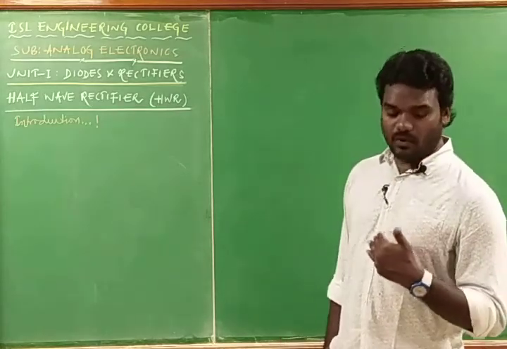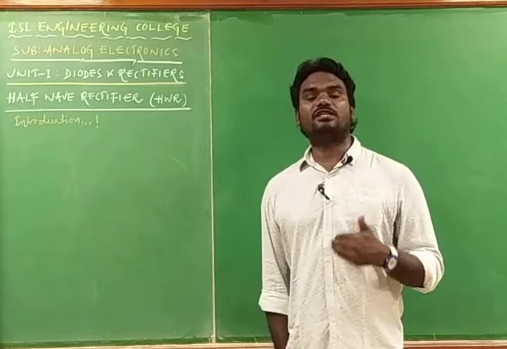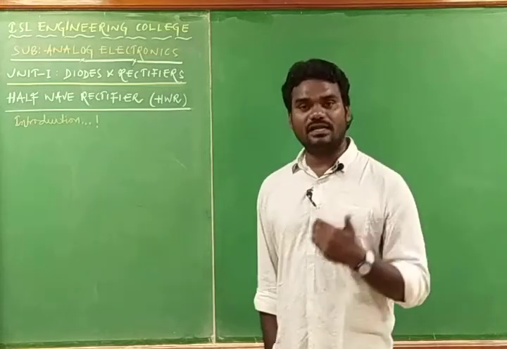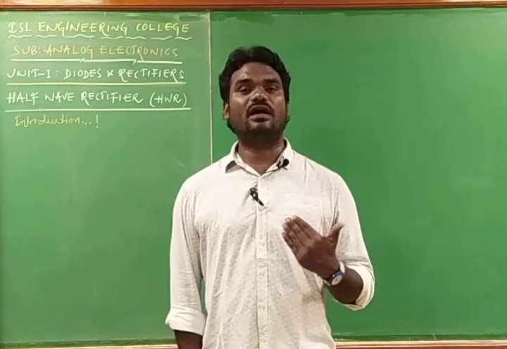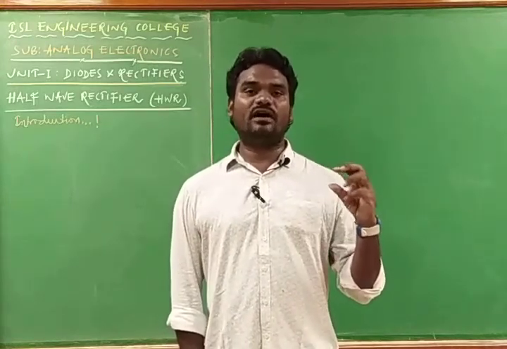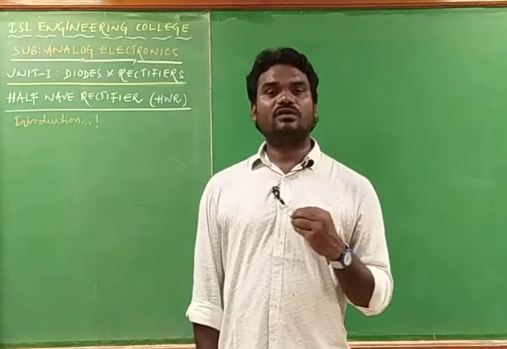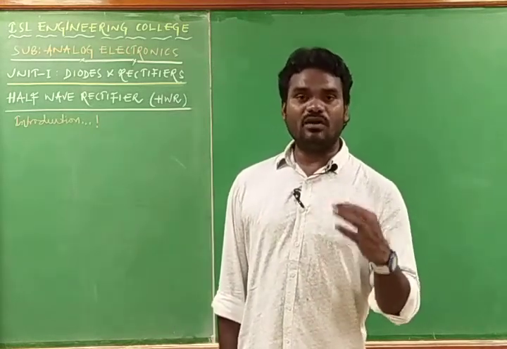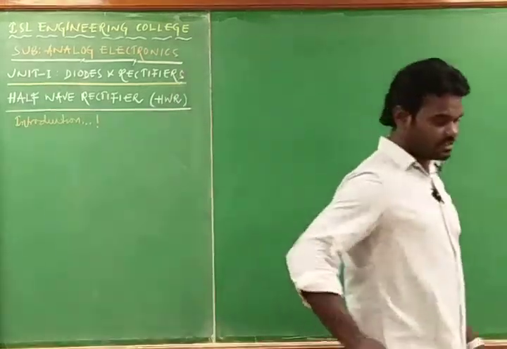Next one is efficiency. How effectively our rectifier has been converting AC to DC, that is efficiency. Last one is percentage of regulation, and some amount of DC has to be regulated by using some other diode, that is called Zener diode. The amount of DC that has to be regulated is named as percentage of regulation.